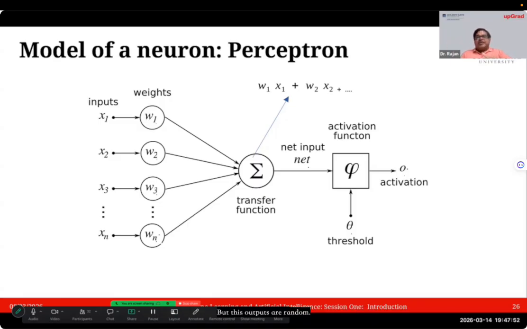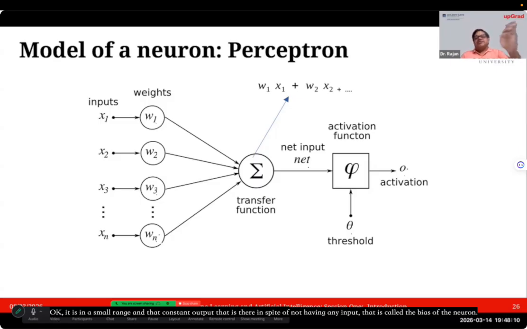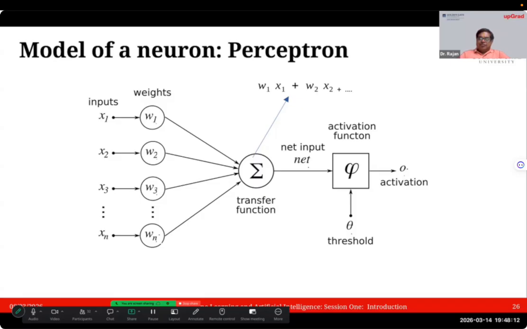But these outputs are random, and the magnitude of the output ranges within a small range. That constant output that's there in spite of not having any input, that's called the bias of the neuron. In biology, we call it the neural noise, but here we call it the bias.